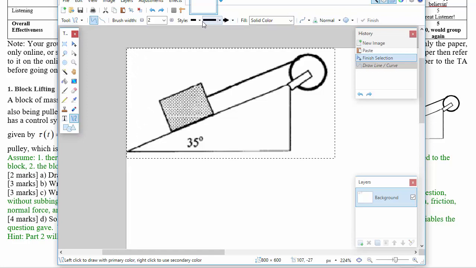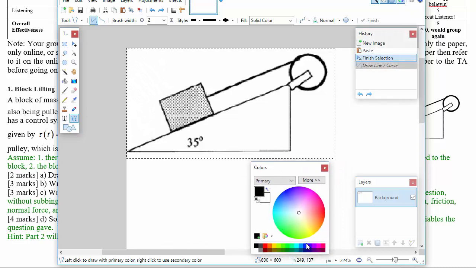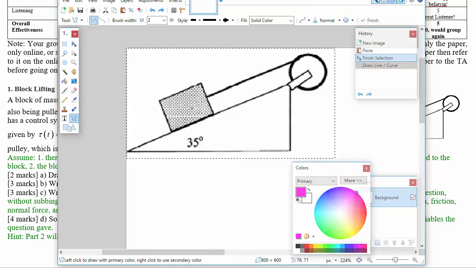So where is the color selection again? Color palette. Okay, there we go. It was turned off. Button up there at the top is going to fix that. Okay, what's a good color for some arrows here? Let's take maybe magenta, sort of a magenta day.